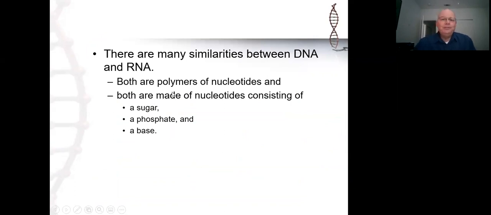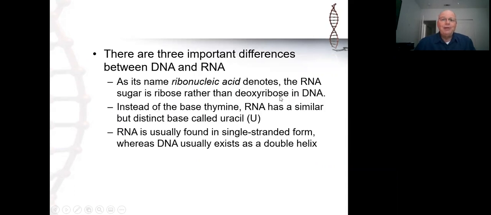So this slide is just reinforcing again the similarity between DNA and RNA in terms of the monomers. But of course, we do know that there are differences. So we've looked at two of them already, the difference in sugar, the difference in nucleotides. We've already mentioned those two. Here's the third one, that RNA is considered to be a single-stranded polynucleotide.